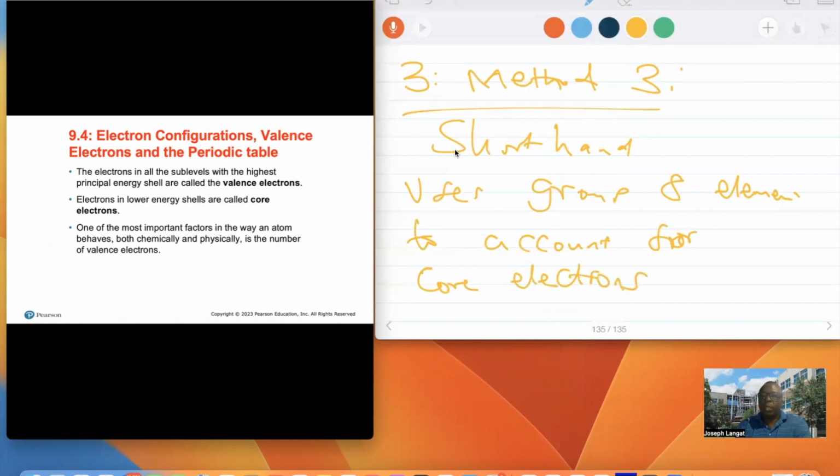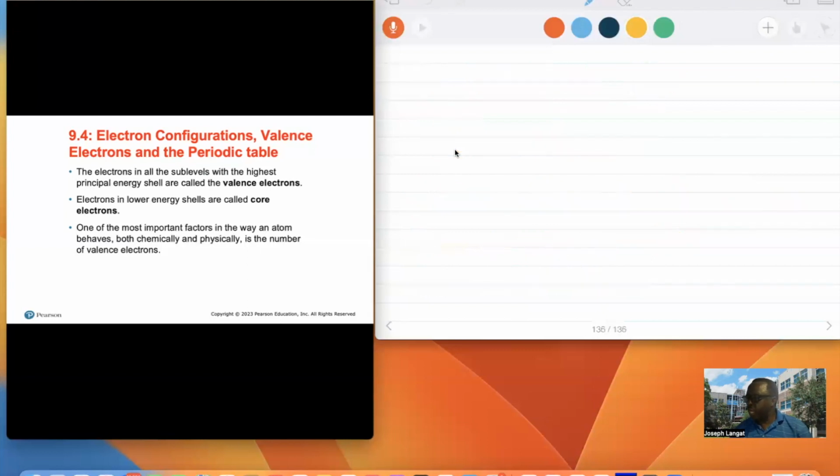Core electrons are electrons in the innermost shells. This is what we call valence electrons in the outermost shell. We're going to talk about that in section 9.4.